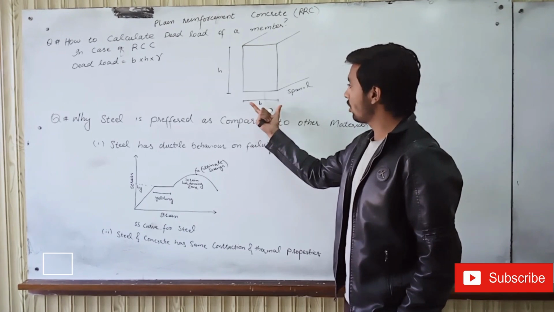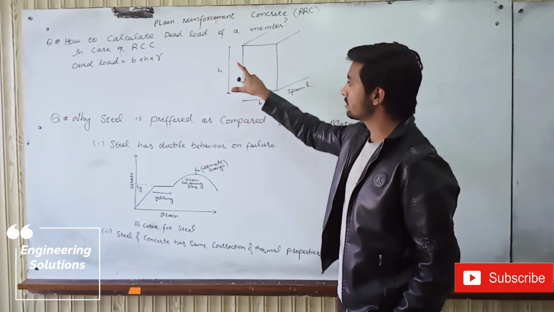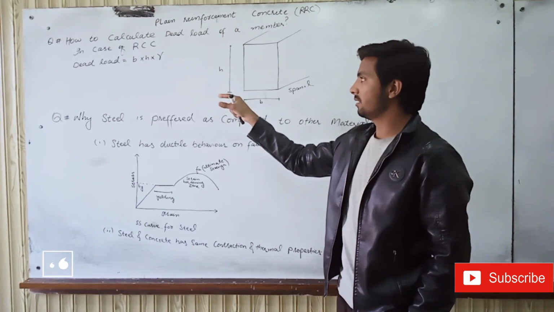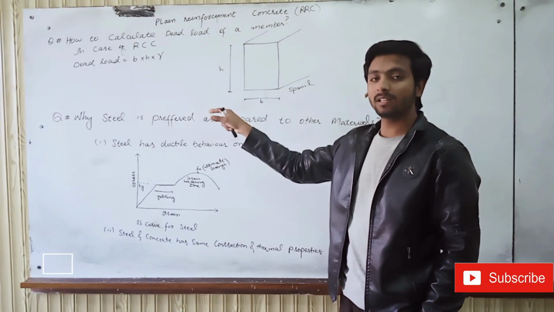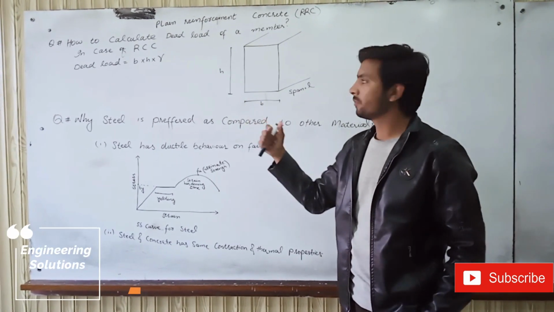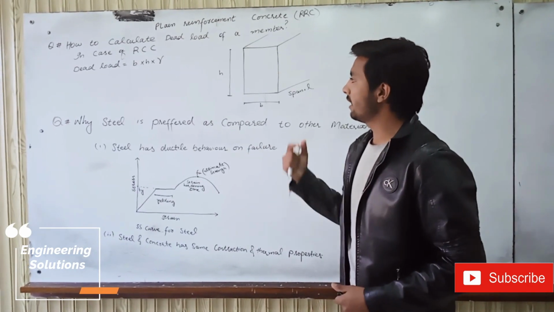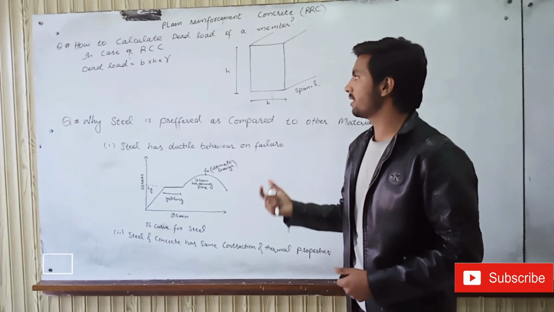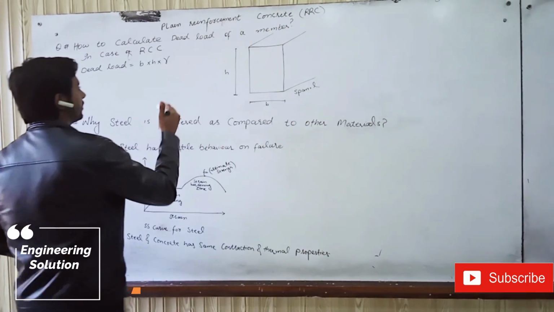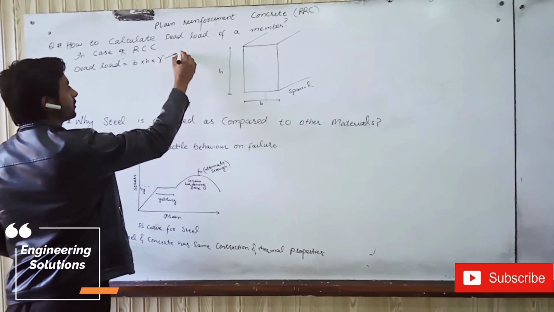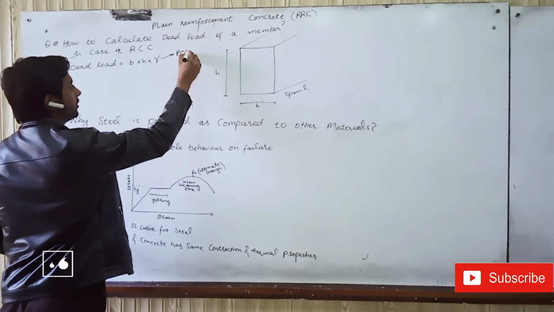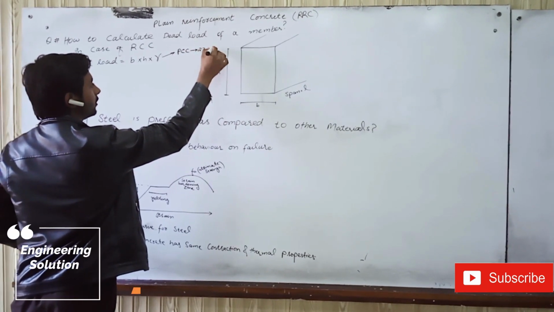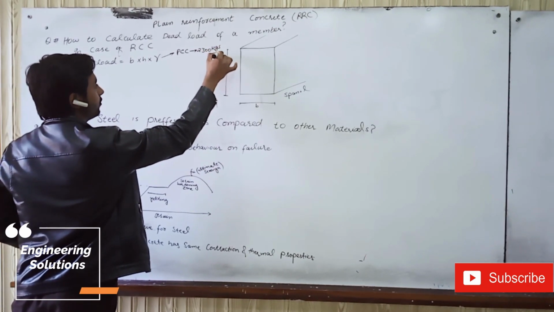B is the width of this beam, H is the height of this beam, and gamma is the density of the material the beam is composed of. The density of different materials is given in standards. The density for PCC is 2300 kgs per meter cube.